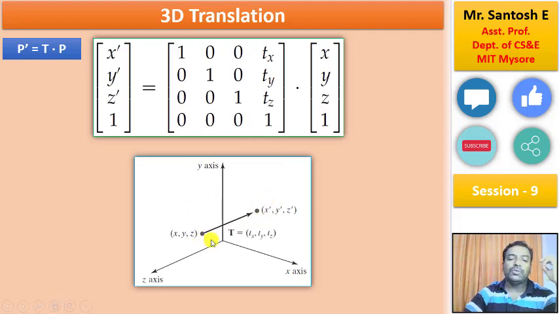But now, since we have brought in the z-axis, whatever point we choose is going to be in space. Remember this: the point is in space. The translation can now happen anywhere in space, whereas earlier it was anywhere in the plane. This is the 3D translation.